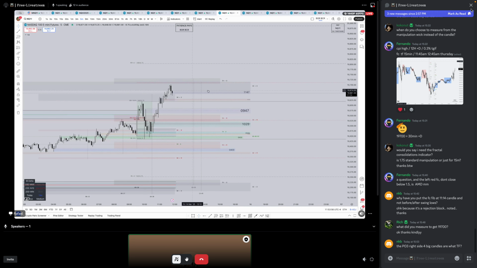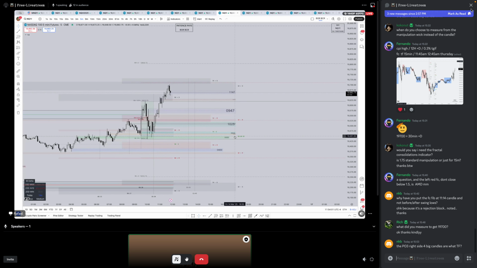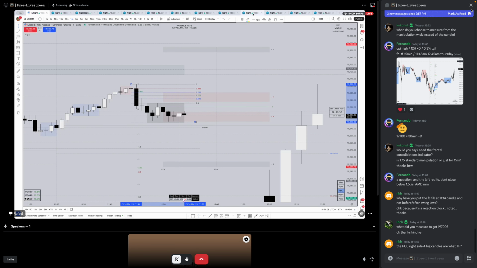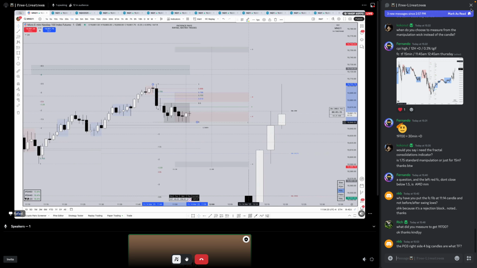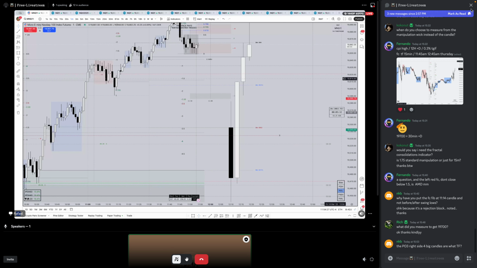And also we reached the daily distribution using the midnight open here. This one, 30 minutes time frame. This is the dealing range of the 30 minutes time frame.